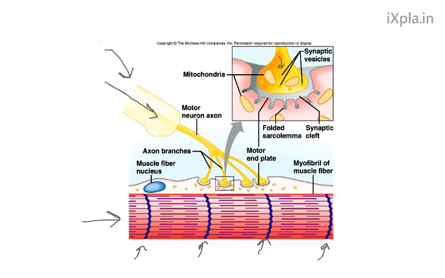As you see, it's right here, connecting to the surface of the muscle. And when the action potential gets there, it releases a neurotransmitter, which is acetylcholine. Whenever you think of muscles, your body always uses acetylcholine.